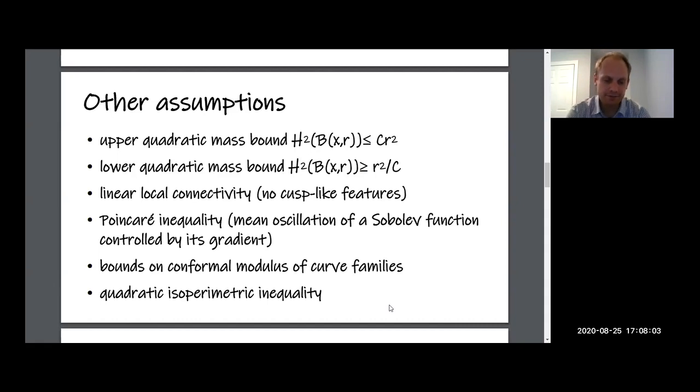And the final condition here would be the validity of a quadratic isoperimetric inequality. This just means that if you have any curve of finite length, it bounds a disk, and the area of that disk is no more than the length squared of the curve up to some multiplicative constant. All this has been studied in great detail.